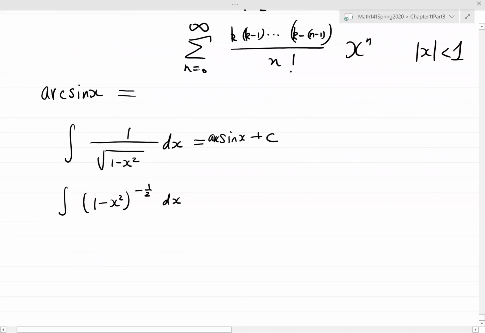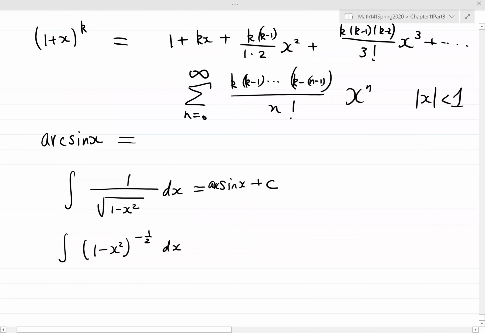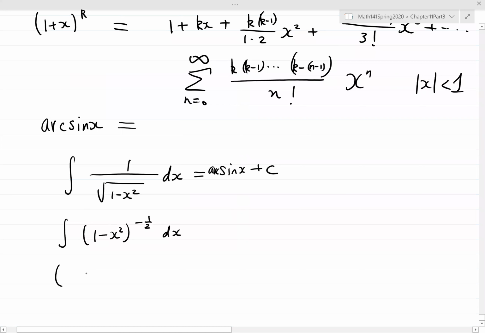Then we use the Maclaurin series for (1 plus x) to the power k. Here we have (1 minus x squared) to the negative power, so take k to be −1/2. Replace x by −x squared.